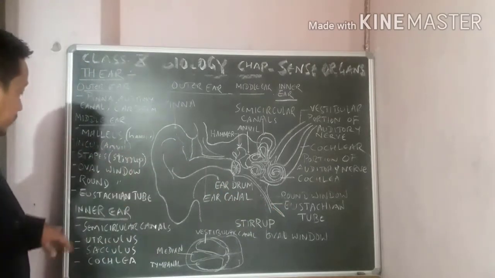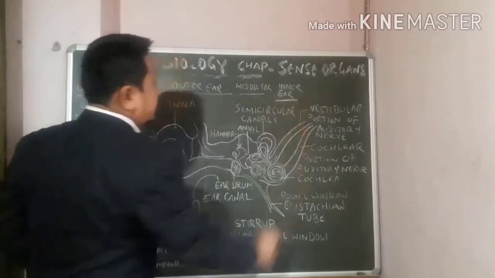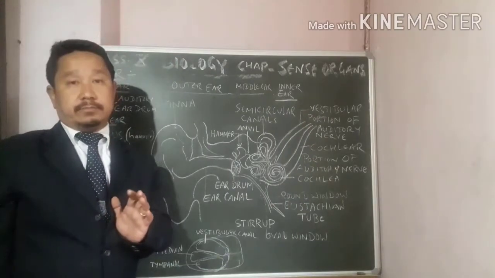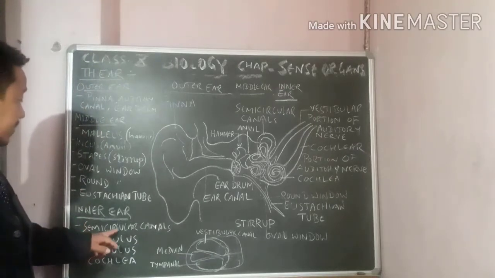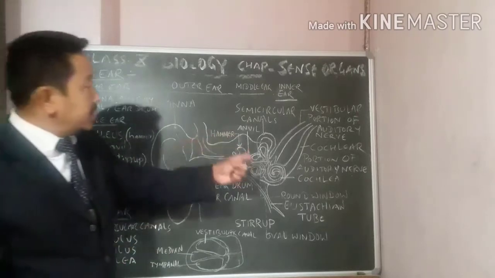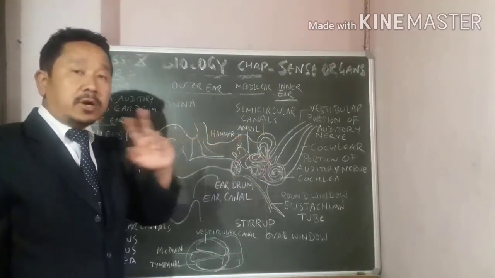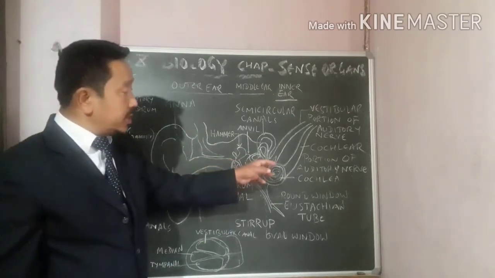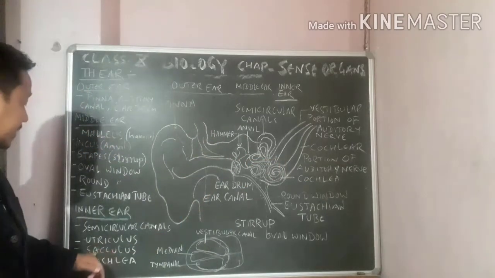Then coming to your inner ear. Inner ear has mainly two parts here, your semicircular canals and your cochlea, which are shown out here. And another two parts which are not shown here in the diagram are your utriculus and sacculus.